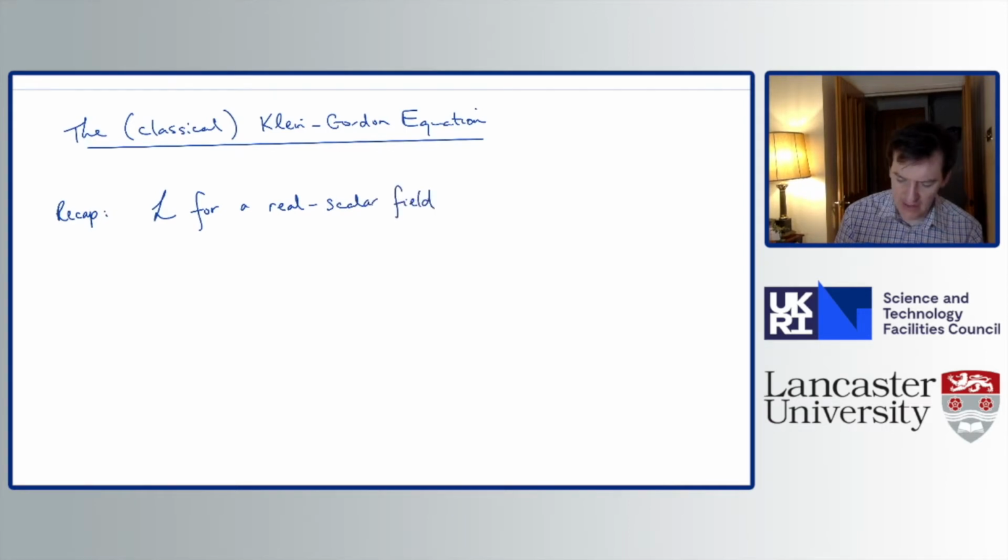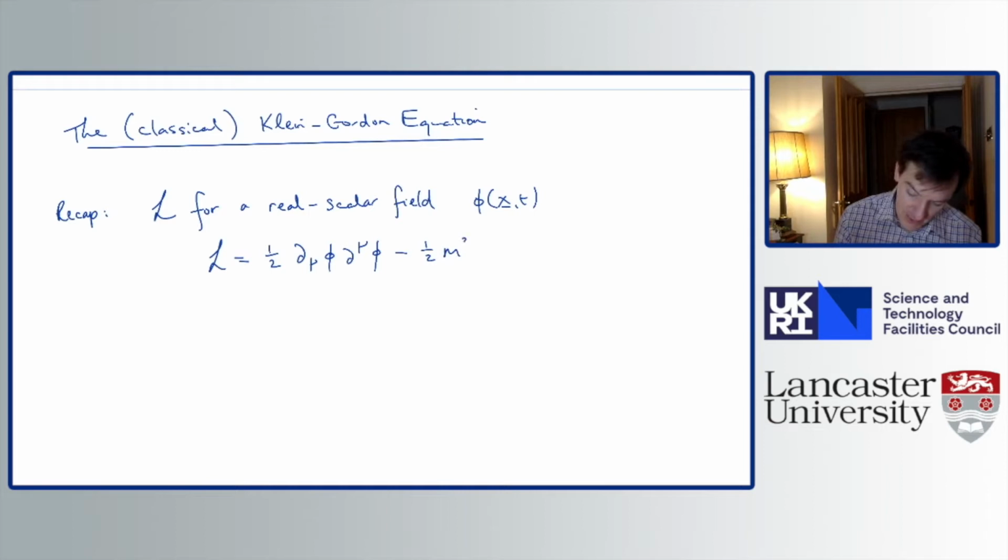You can get a Klein-Gordon equation for a complex scalar field as well, but we are limiting ourselves to this simple case where we have a field, a function of space and time, and it's real. In that case, the Lagrangian, or more technically the Lagrange density, but I'll often just say the Lagrangian, is the derivatives of the field minus a half m squared phi squared.